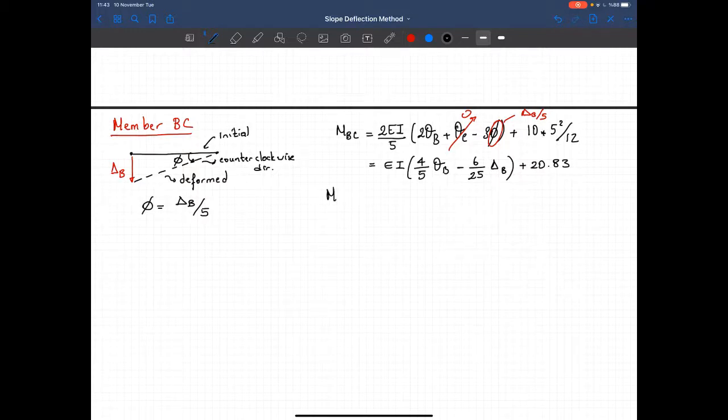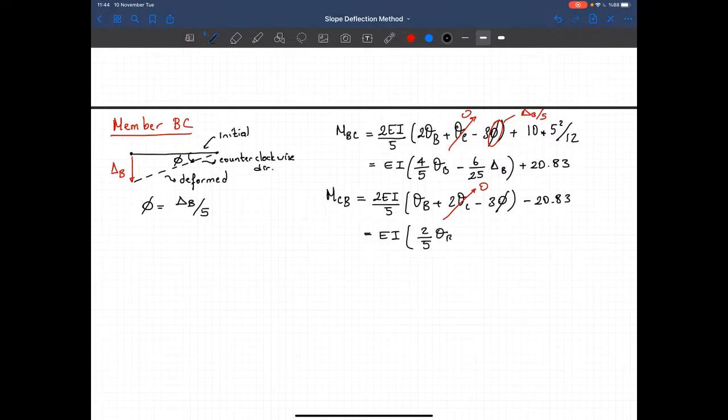And M_CB is equal to 2EI over 5 times (theta B plus 2 theta C minus 3 times phi angle) minus 20.83. Again, theta C is equal to 0. So our final equation will be EI times (2 over 5 theta B minus 6 over 25 delta B) minus 20.83. So these are the end moments.